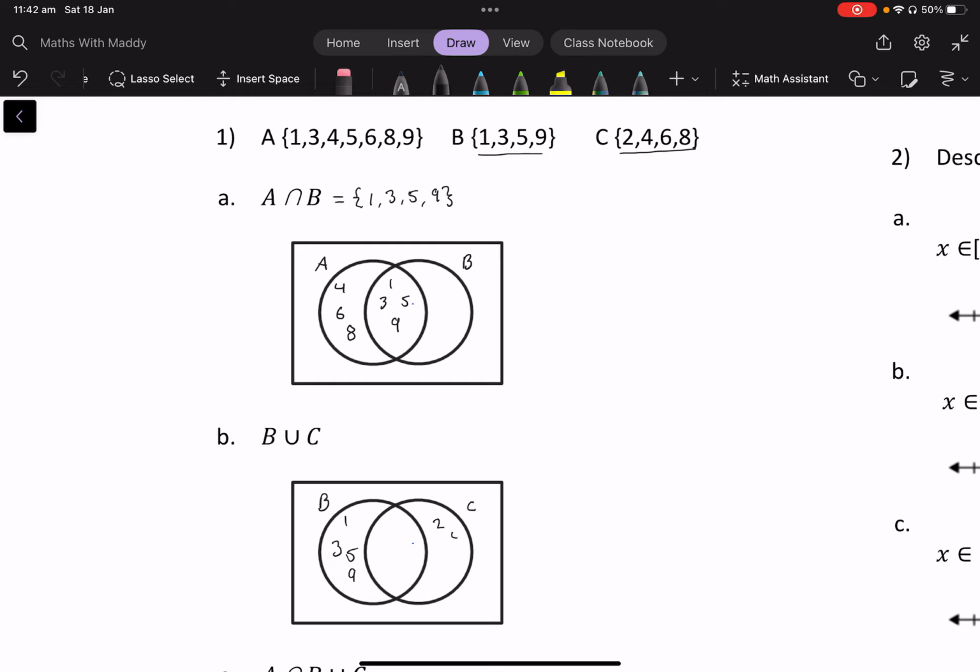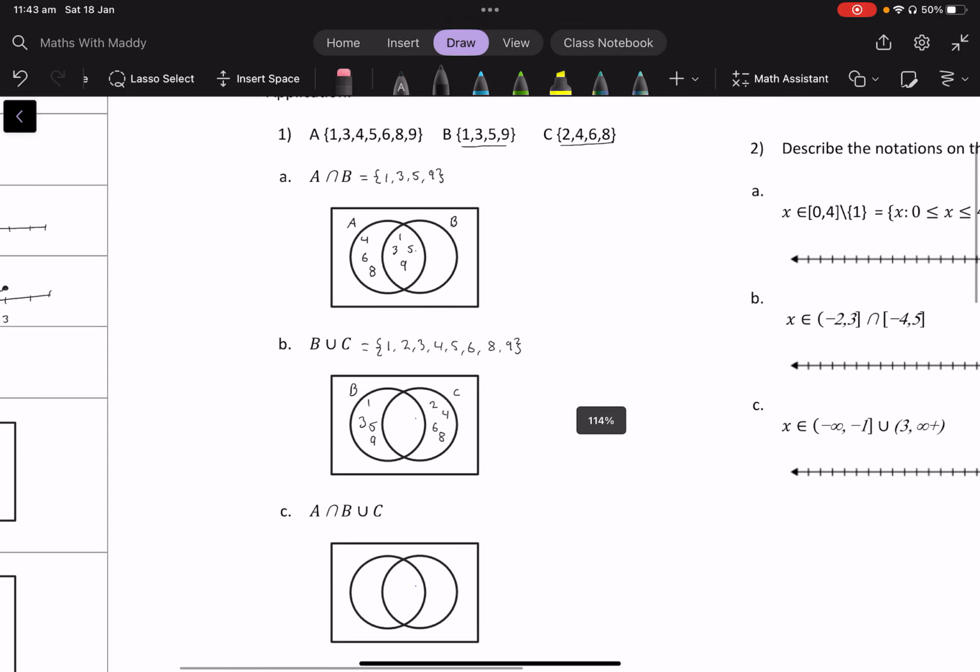C is 2, 4, 6, and 8. They have no values in common, but because it's OR, we're including everything in both circles. So that equals the set 1, 2, 3, 4, 5, 6, 8, and 9.